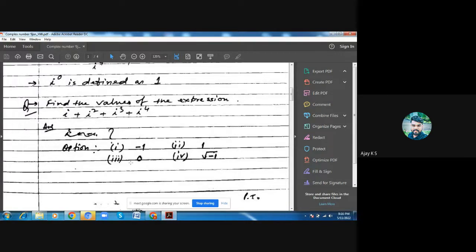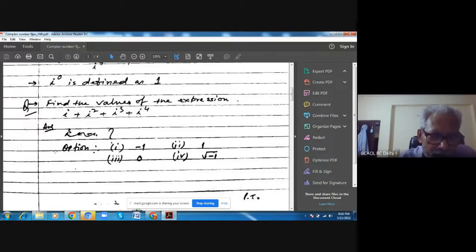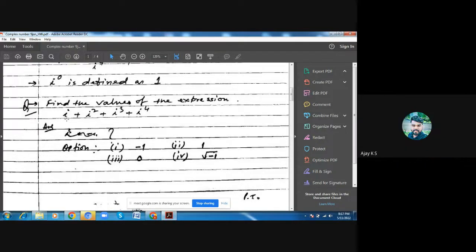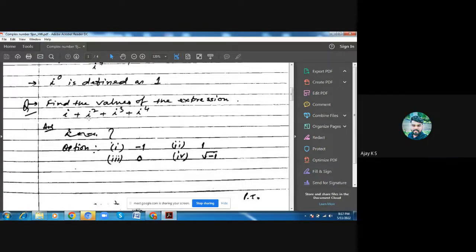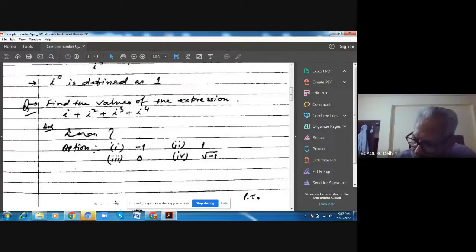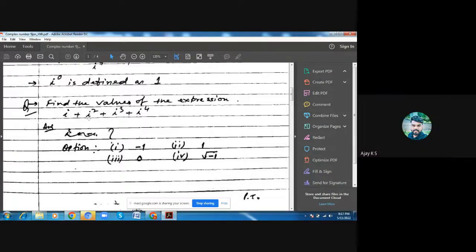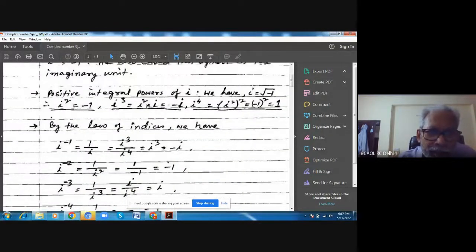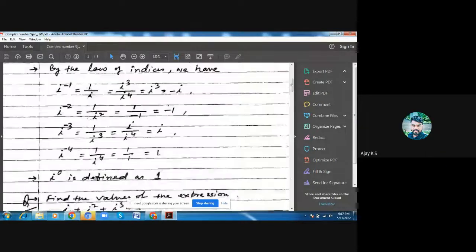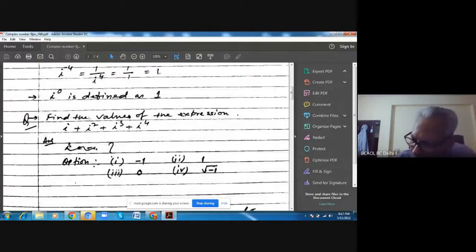First you see the iota, nothing to do because it is simply there. Now iota square, we know that is -1, so we can write simply -1. Then iota cube, we have already derived that it is minus iota.